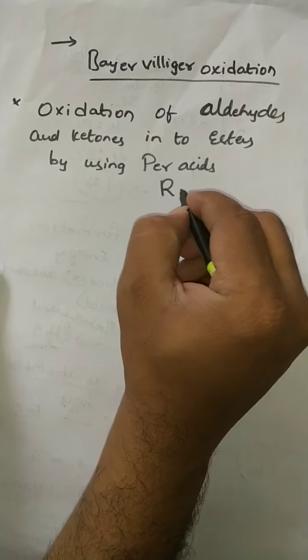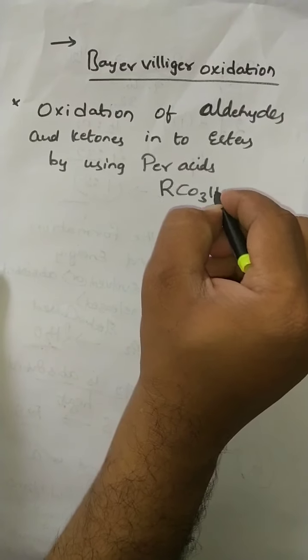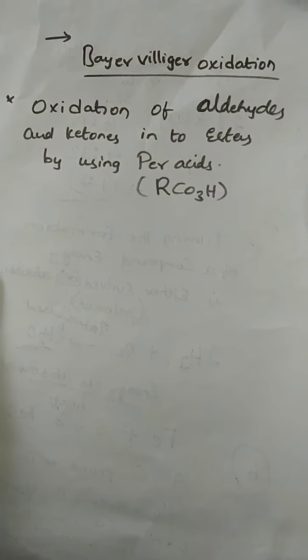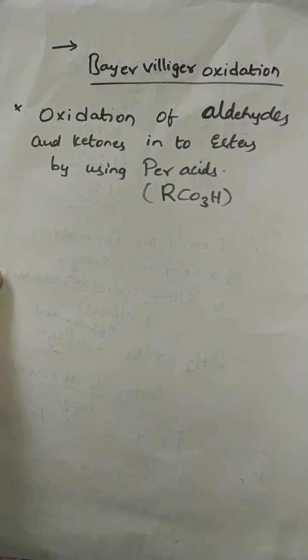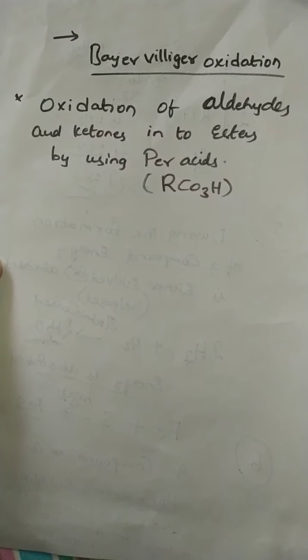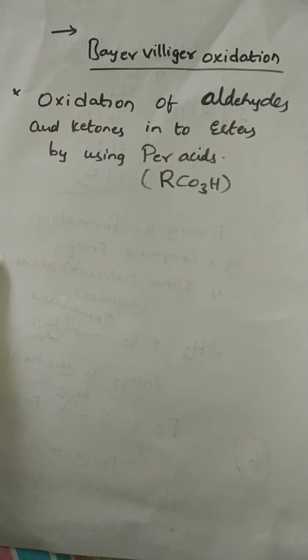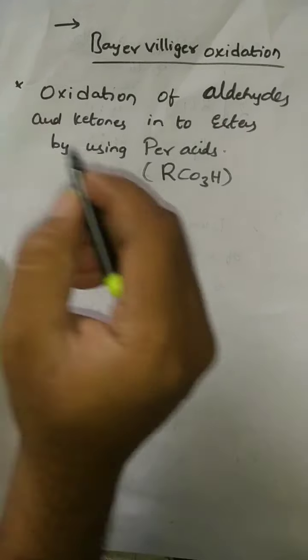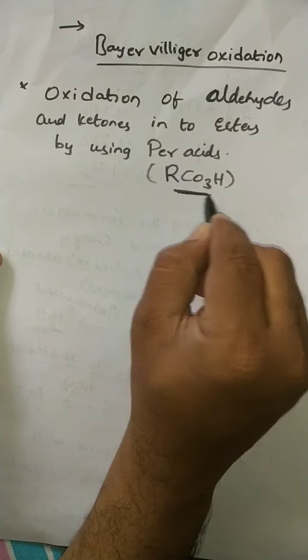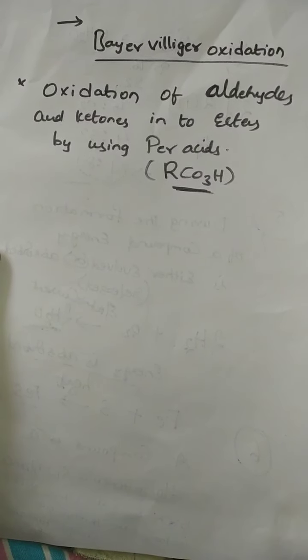What is the general formula for per acid? RCO3H. So simply it is the conversion of aldehydes or ketones into esters directly. You can convert aldehydes into esters and ketones into esters directly by using the reagent per acid, RCO3H.